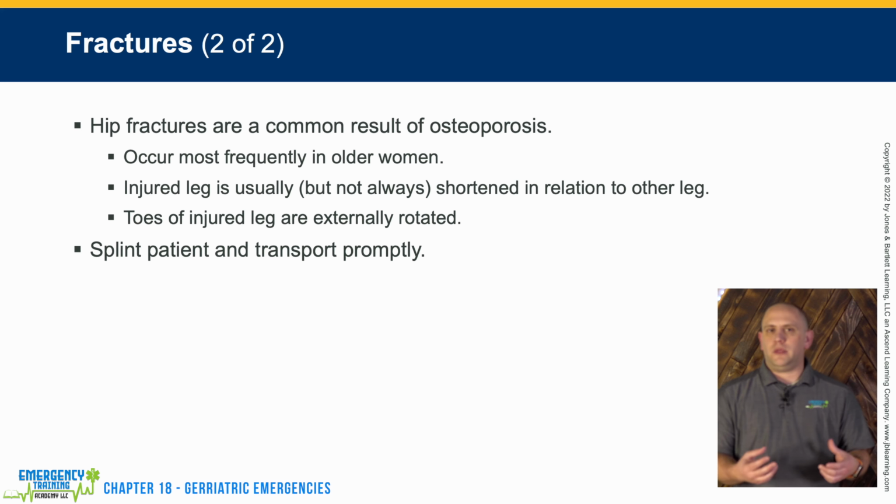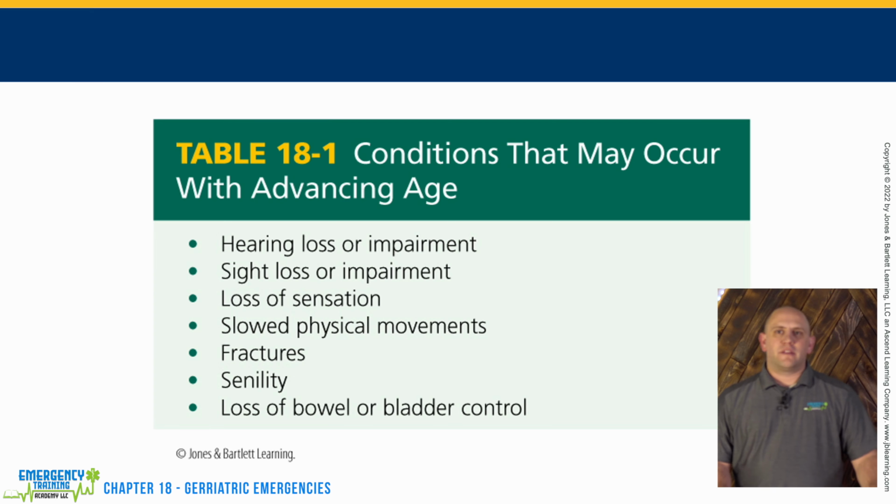It could also be a femur fracture, so it goes into making sure we've done a good assessment on our patient. Anytime we have a patient who has fallen or is complaining of any type of pain after a fall, it's important that we take them and have them evaluated at the hospital just to make sure that there aren't any broken bones.